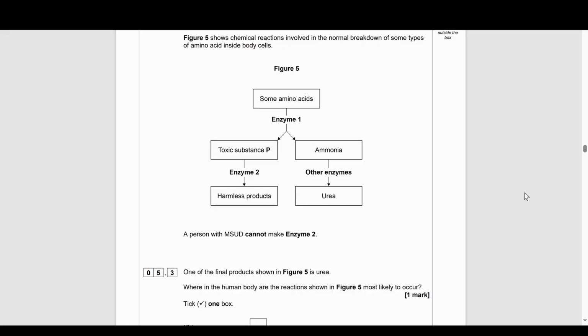Or we could have enzyme 1 creating ammonia, and then acted on by other enzymes gives us urea. A person with MSUD cannot make enzyme 2.